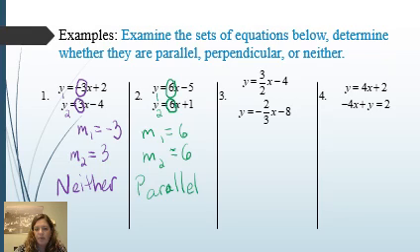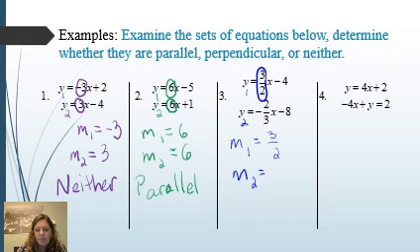And example 3. Here y1 is equal to 3/2 x minus 4. So the slope is 3/2, and y2 is equal to negative 2/3 x minus 8.